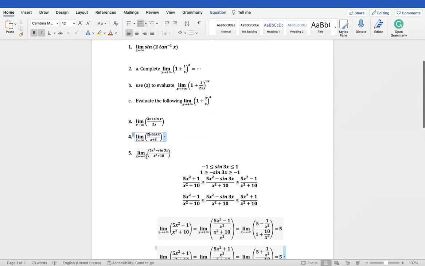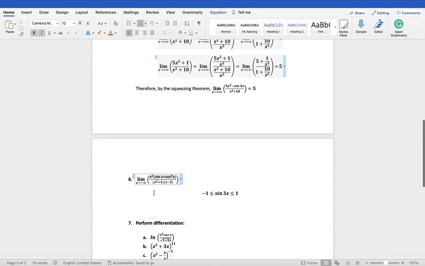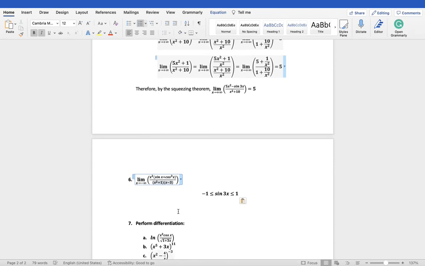But for functions like this, question 3, question 4, question 5, and question 6, L'Hopital's rule is a bit tricky because you have trigonometric functions, and they don't disappear when you take the derivatives, right? When you derive sine, it goes to cosine. When you derive cosine, it goes to minus sine. So they keep going around.